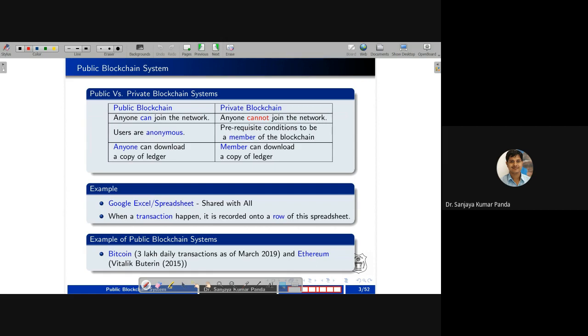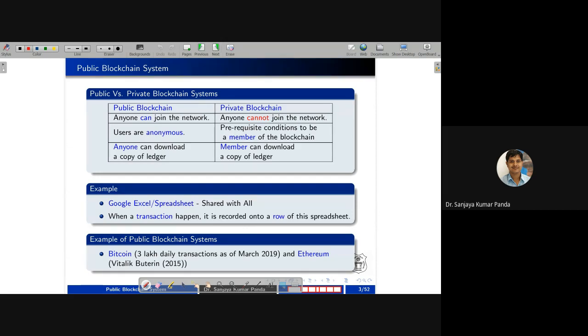But in a private blockchain, the prerequisite is that you should be a member of that blockchain. If you are part of a public blockchain, you can download a copy of the ledger. Tomorrow a new person, even a malicious user, can join and download a copy of the ledger.